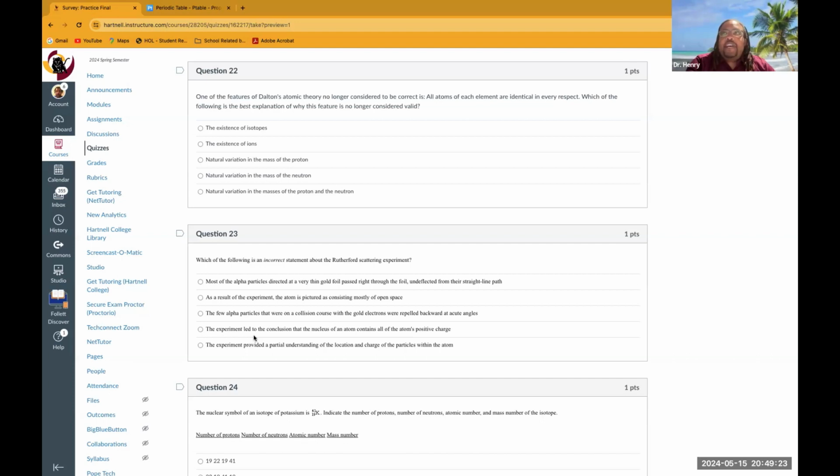A, the existence of isotopes. B, the existence of ions. C, natural variation in the mass of the proton. D, natural variation in the mass of the neutron. E, natural variation in the masses of protons and the neutron.